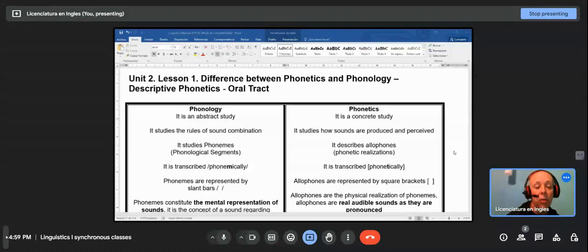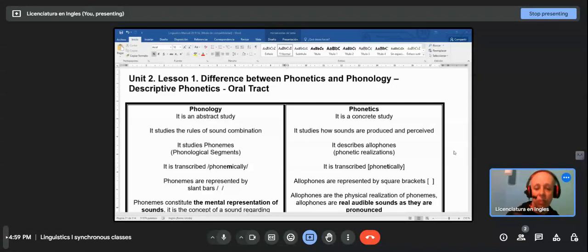For example, I could write a phonemic transcription between bars of the word llave. But then I could write the different varieties of the word llave. I could write llave, llave, llave, chave. Four different varieties, four different allophonic variations, four different phonetic transcriptions.